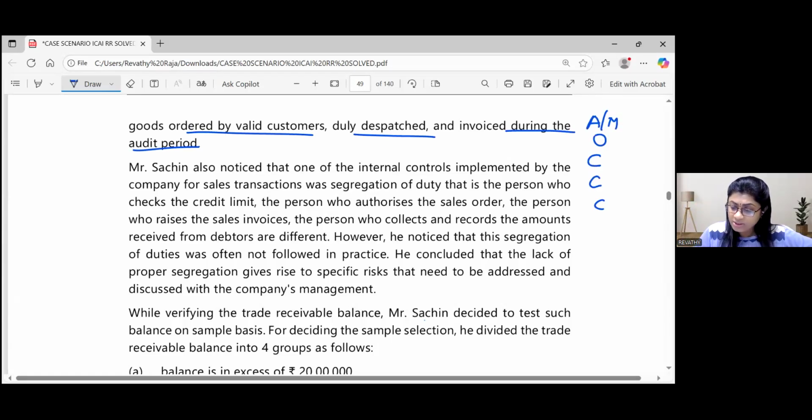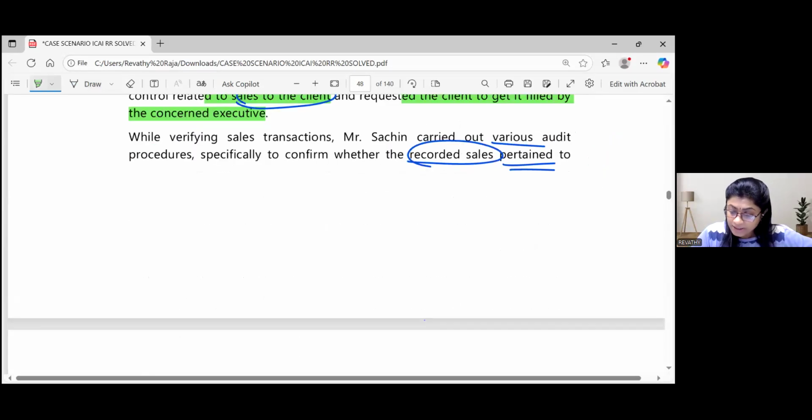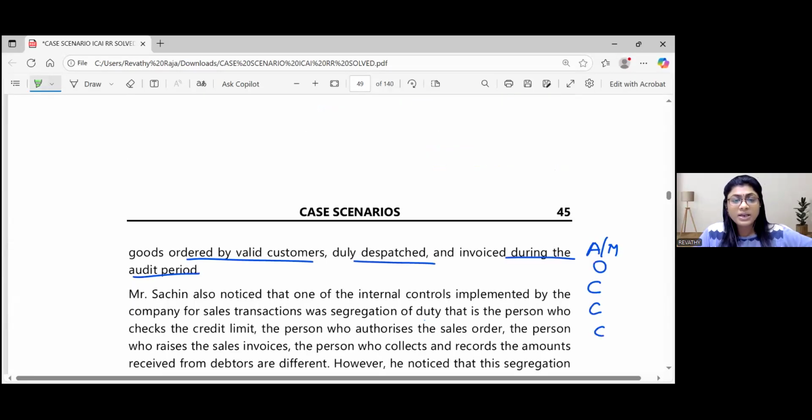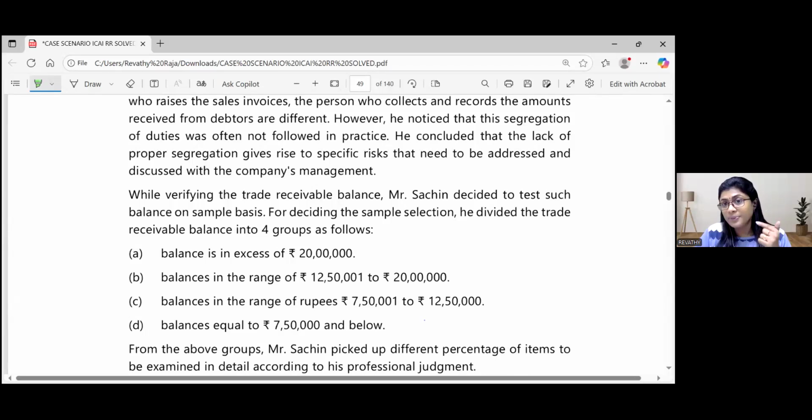Here, did you notice that word? Whether the sales recorded pertained. Very good. Pertain. That word pertained means it is occurrence. At a balance sheet, pertains means it is rights and obligation.